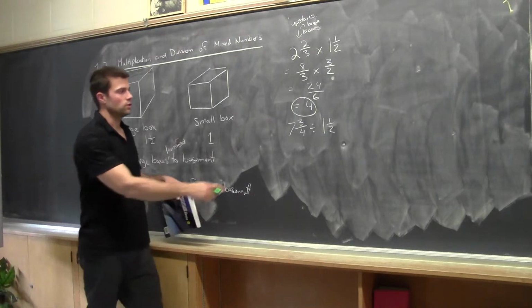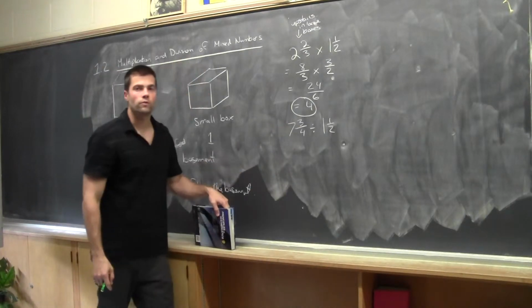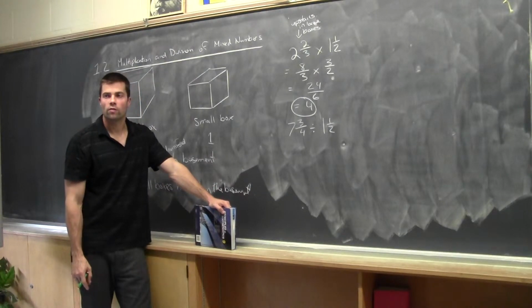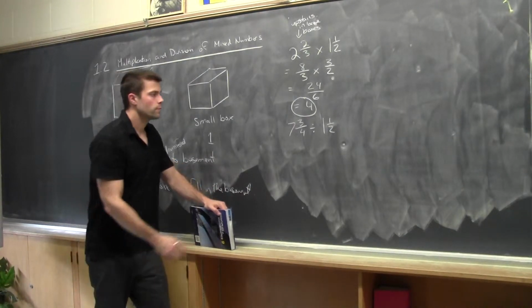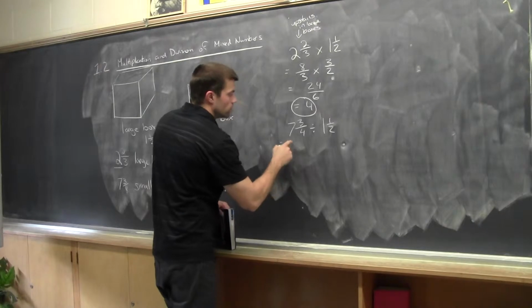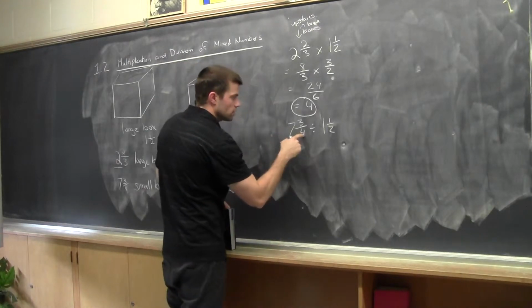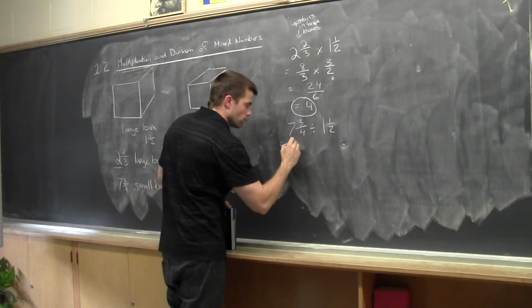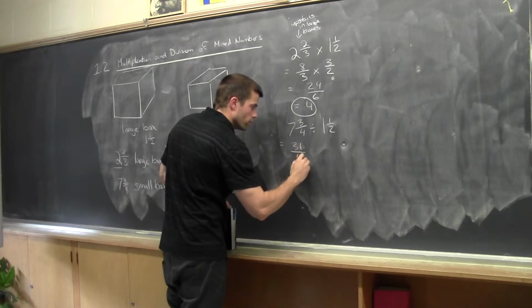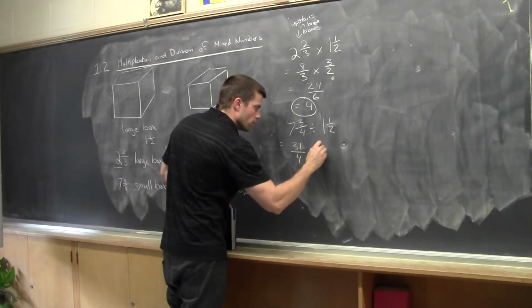Alright, so that's where this equation comes from: 7 3/4 divided by 1 1/2. So we're going to convert this to improper fractions. 7 times 4 is 28 plus 3 is 31 over 4, divided by 3 over 2.